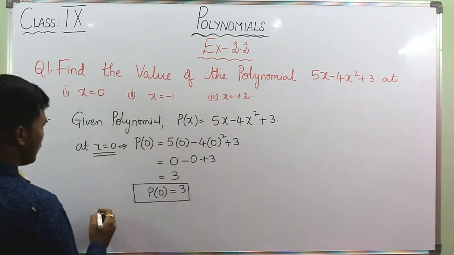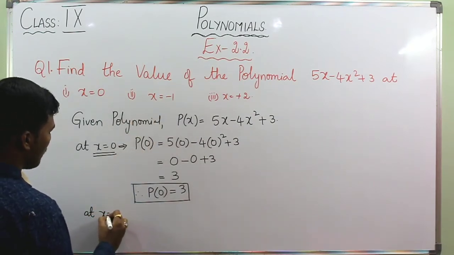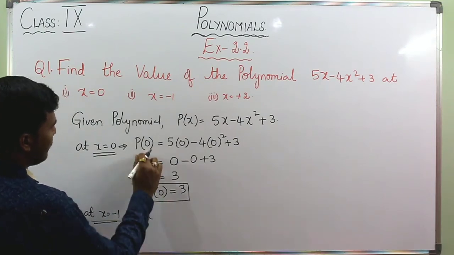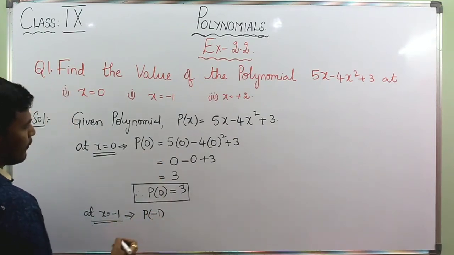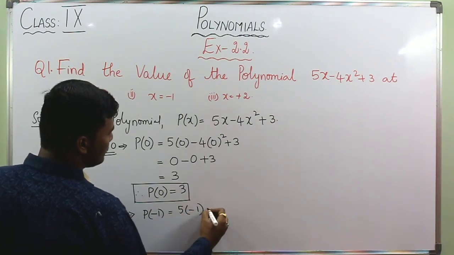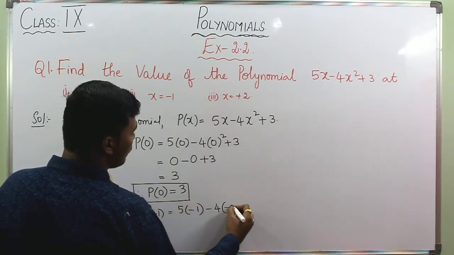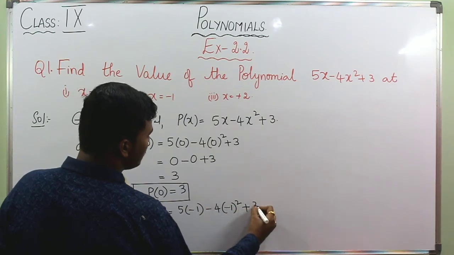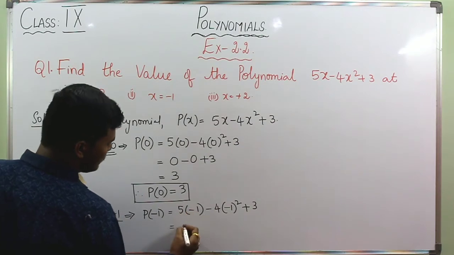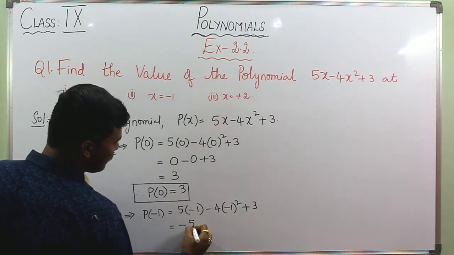Now let us see at x is equal to minus 1. Same as before, replace x with minus 1 now. That is, p of minus 1 is equal to 5 into minus 1 minus 4 into minus 1 whole square plus 3. Plus into minus, 5 ones is minus 5.